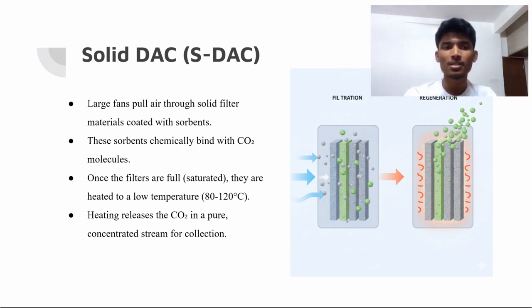This sorbent has a high affinity for CO2, so as the air passes through, the CO2 molecules get stuck on the filter surface. And when the filters are completely saturated with carbon dioxide, they are moved into a container where they are heated. When they are heated, the bonds break and CO2 is released as a pure gas, which can be stored, and the filters can be reused again.